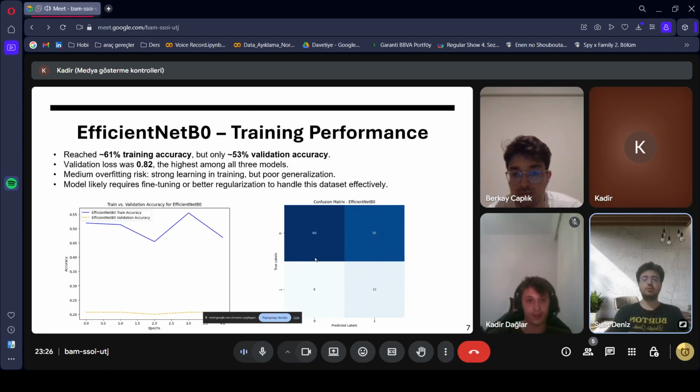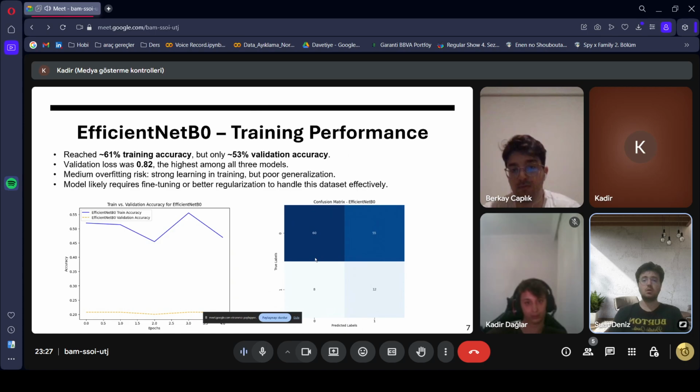Let's continue with EfficientNet. EfficientNet was expected to offer a good trade-off between model complexity and feature extraction. In our experiments, it reached a training accuracy of approximately 61%, but its validation accuracy was lower, around 53%. With a validation loss of 0.82, the model exhibited some instability during training, suggesting a medium risk of overfitting, probably because of the small dataset. EfficientNet also struggled to generalize well in our setup.